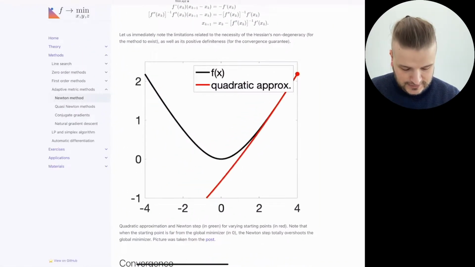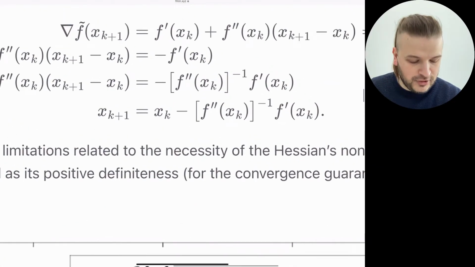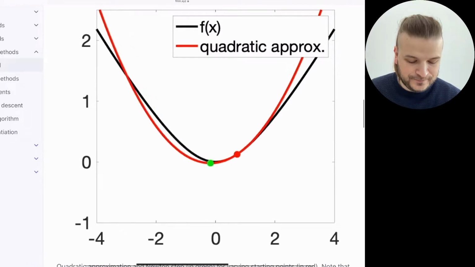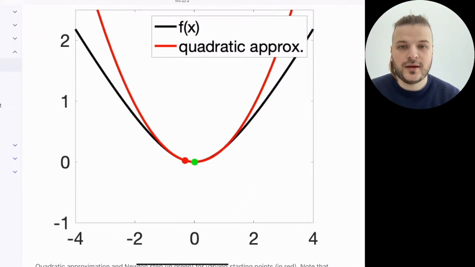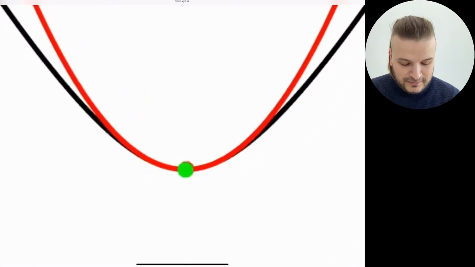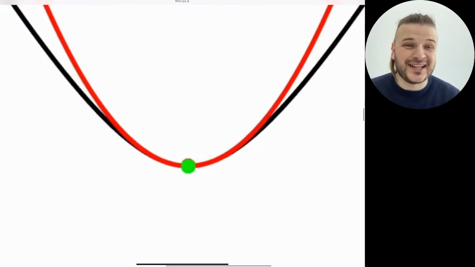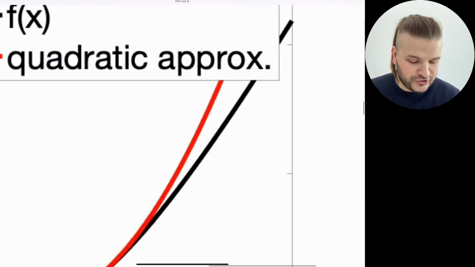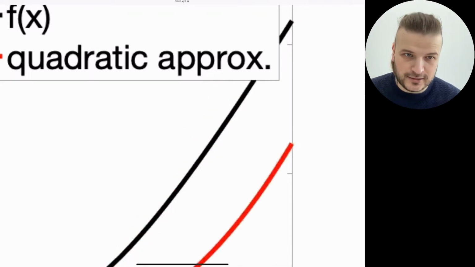If your function is convex but the Hessian is degenerate, at some point you'll have problems with the Newton direction, right? Because for the calculation of the Newton direction, you have to invert the Hessian. Here, for example, at the minimum our function looks like a parabola, but at the corners it looks pretty linear.